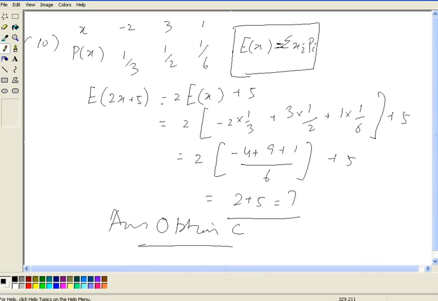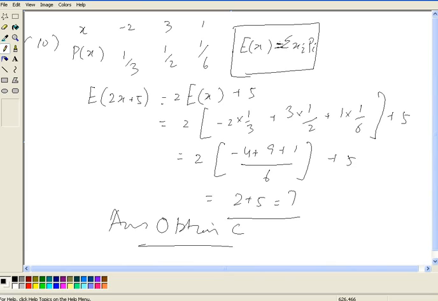So now expectation of 2x plus 5 is, as per the property of expectation, 2 into expectation of x plus 5. Now when we substitute the corresponding values, it is 2 into minus 2 into 1 by 3 plus 3 into 1 by 2 plus 1 into 1 by 6 as shown in the table, plus 5.